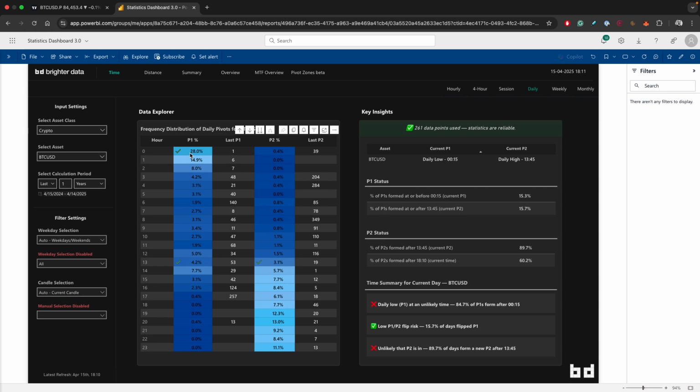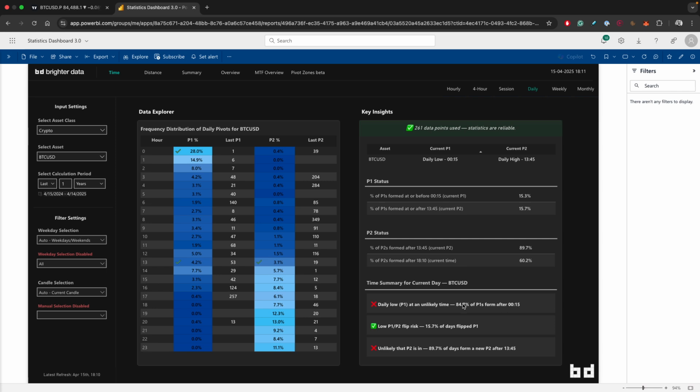Now, there's a little bit of a thinking switch here that we made. I really reflected a lot on how we're using this, and this is something that I think actually makes a lot of sense. So let me explain this. If we have, for example, P1s formed at or before 0015, 15.3%, that means, and that's the first one you see in the summary, the daily low P1 is at an unlikely time, because 84.7% of P1s form after 15 past midnight, right?